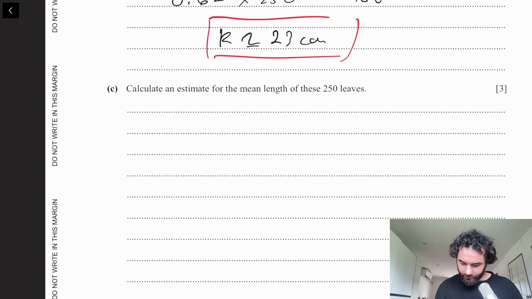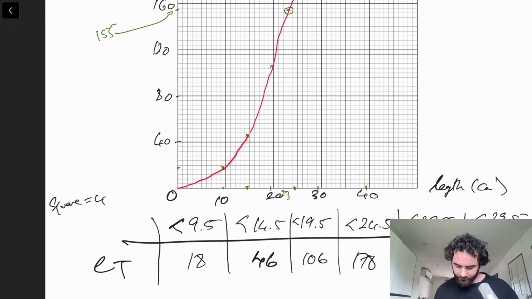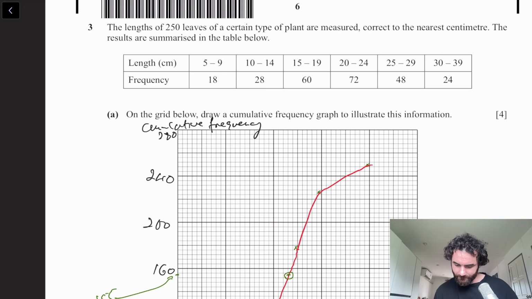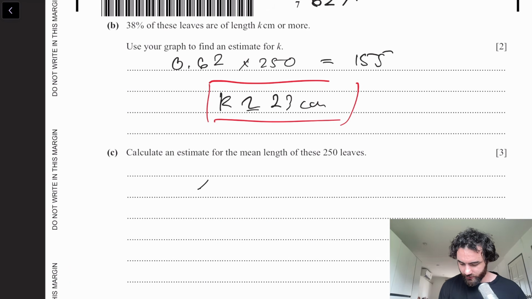Calculate an estimate for the mean length of 250 leaves. Well, you find the halfway midpoint of each range and multiply by the frequency. So it's just the mean formula: the sum of these x values divided by n, the total, which will be 250.